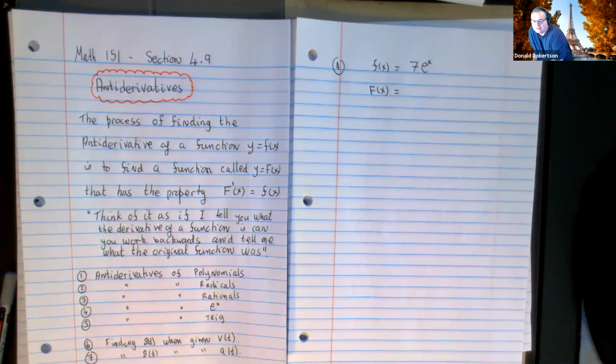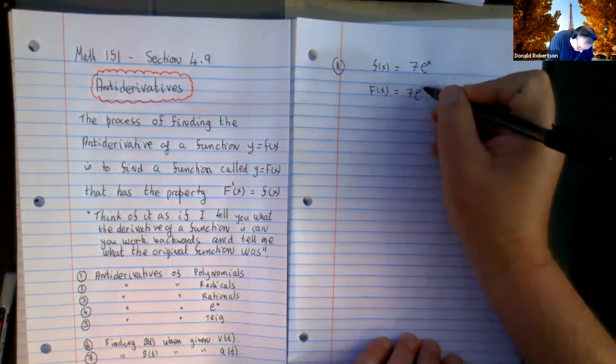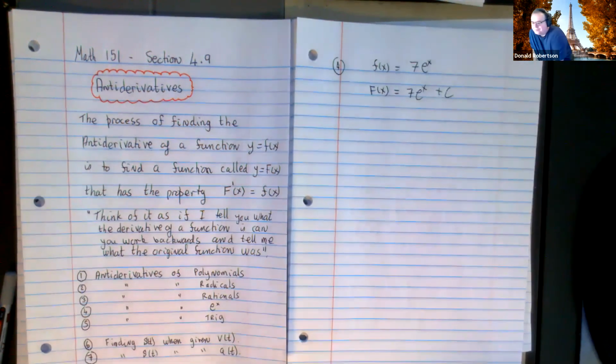What do you think the antiderivative of 7e to the x is going to be? Would it be 7e to the x? Isn't it a nice function? It's such a cool function.